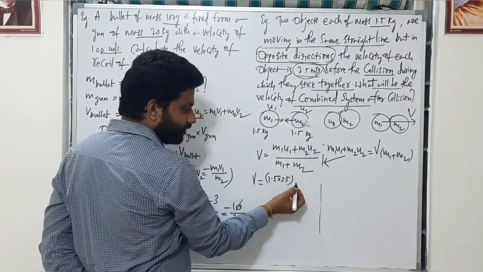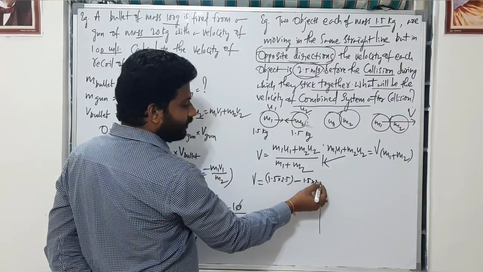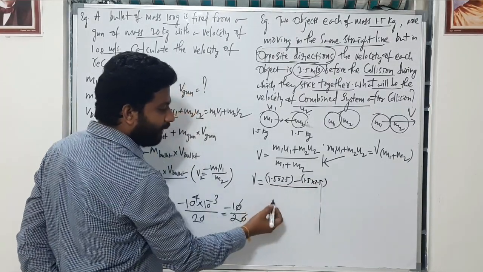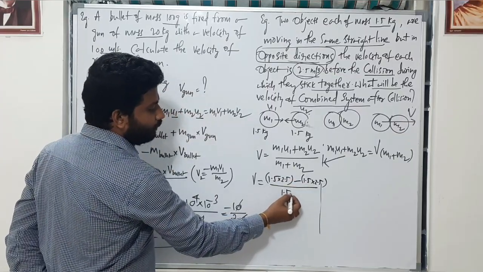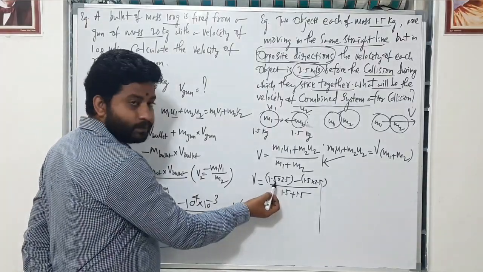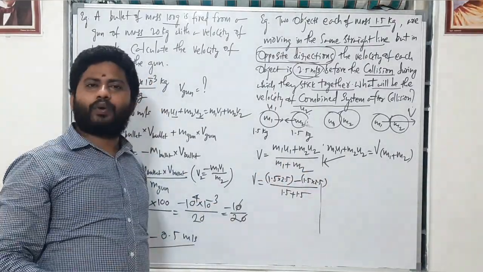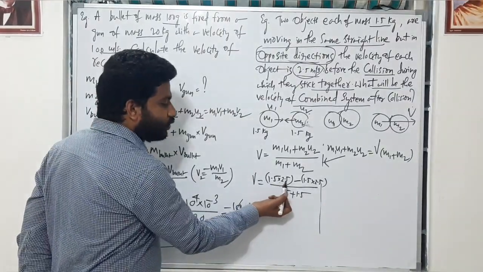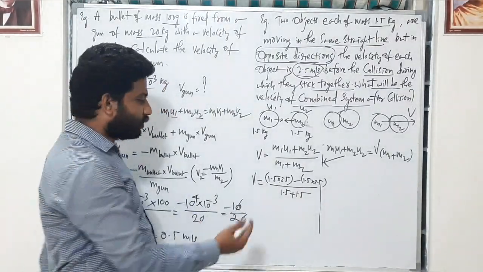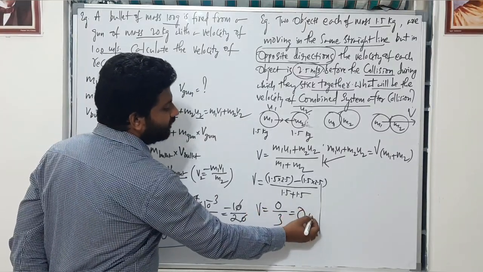As U2 is in the opposite direction, I am writing it minus 1.5 into 2.5, divided by M1 plus M2, 1.5 plus 1.5. See here, 1.5 into 2.5 minus 1.5 into 2.5. So this value minus this value will be 0 because both are the same. So V is equal to 0 by 3, which is 0 meter per second.